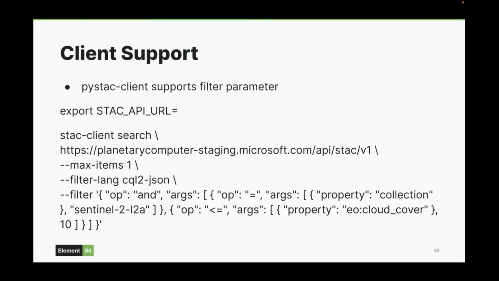And then several of the clients, client support in PyStack will allow you to run it with filters, but you have to explicitly say that the filter language is CQL2 JSON, or it assumes an earlier version of the CQL spec.